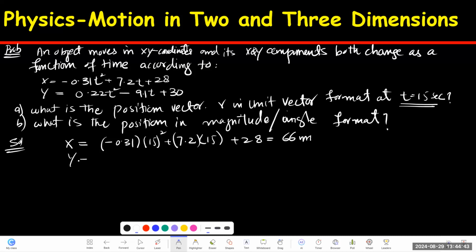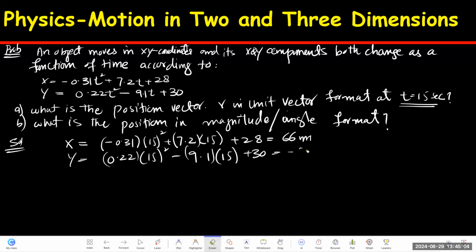Same thing, I substitute the value in y, 0.22 times 15 squared minus 9.1 times 15 plus 20. If I solve this one, I'm going to get minus 57.